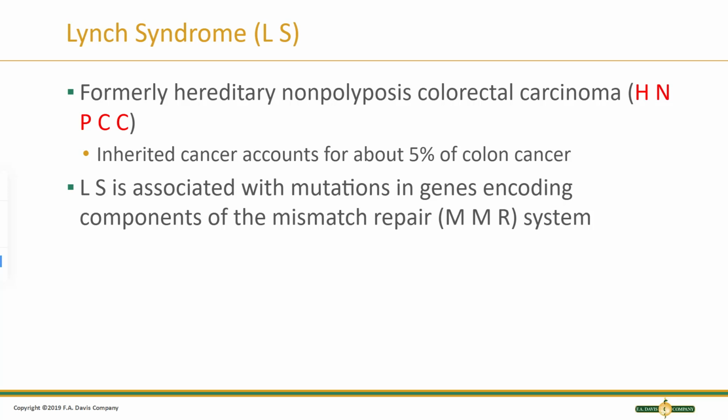But if there are mutations in the genes that encode that system, the proteins that run that system, then your mismatch repair doesn't happen. That's when you can have those accidents in the DNA and they don't get repaired. And if that happens in an essential gene that's supposed to control the cell cycle, then that can develop into cancer.